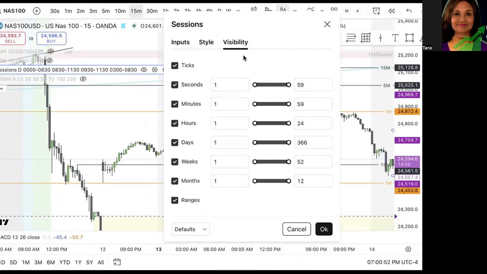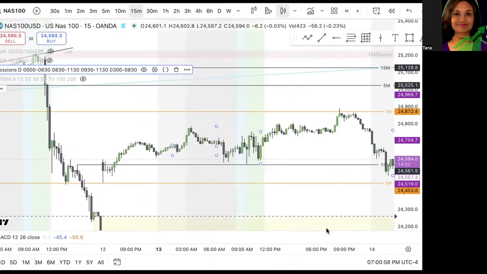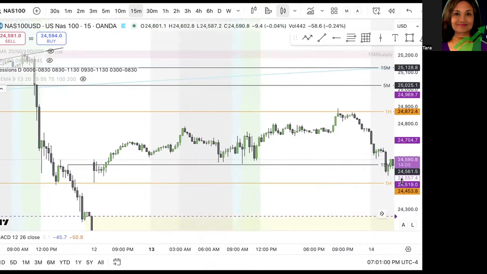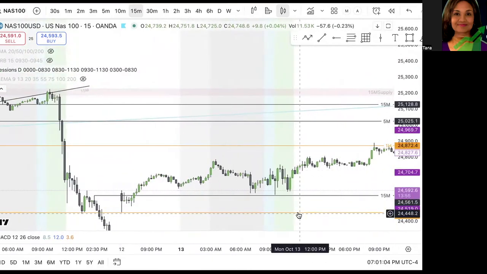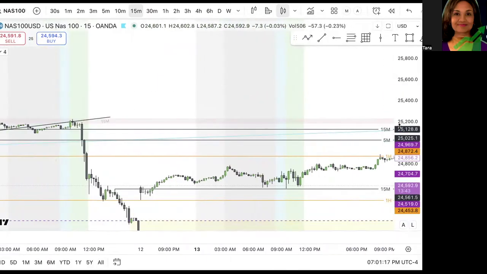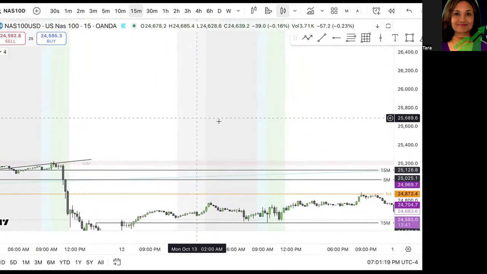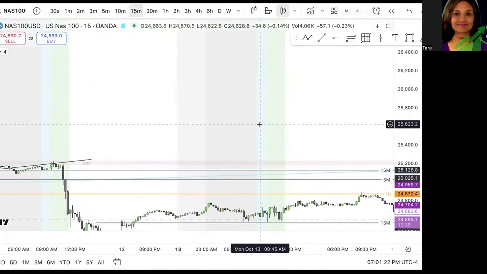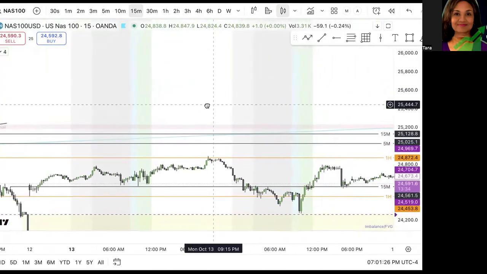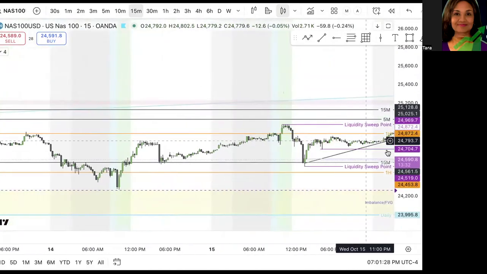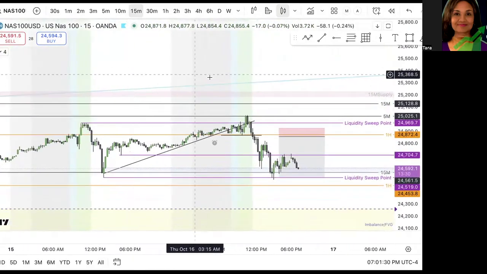And then for visibility, I have it being shown for all of these ranges. And then once I click out of that, this is what I see. And so to me, gray is what happens overnight. Blue means get ready and green means go. So you decide what works for you, but I just wanted to share that with you in case you'd like to use that tool as well.